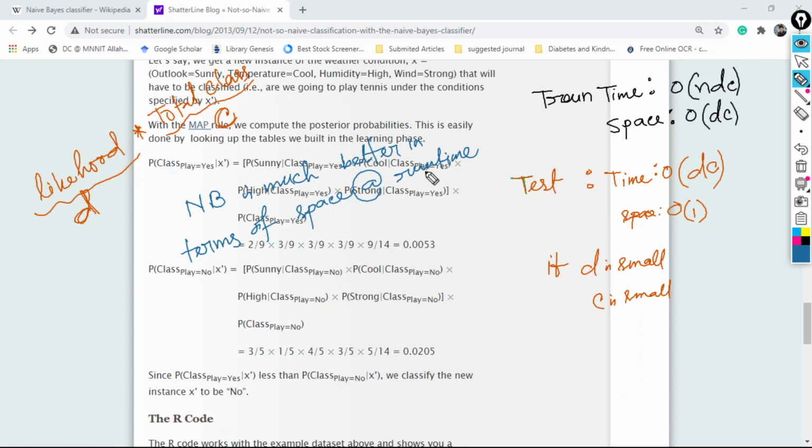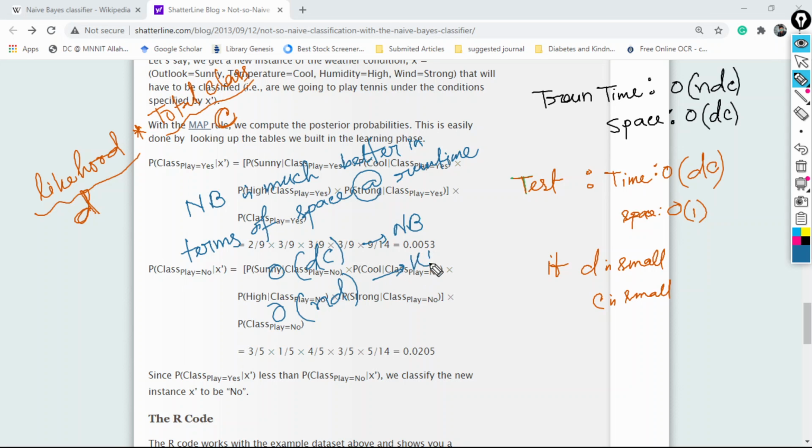So it is much better for runtime time complexity, because we see this order is order of DC in naive Bayes. And if you remember KNN, I think it is ND, which is much greater.